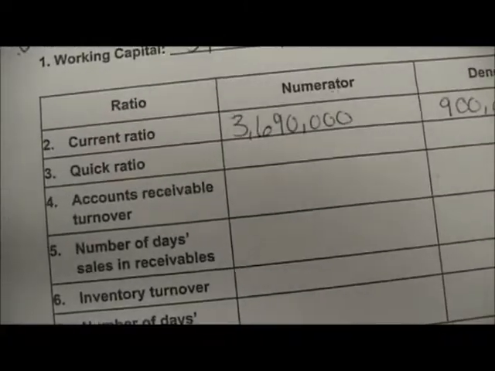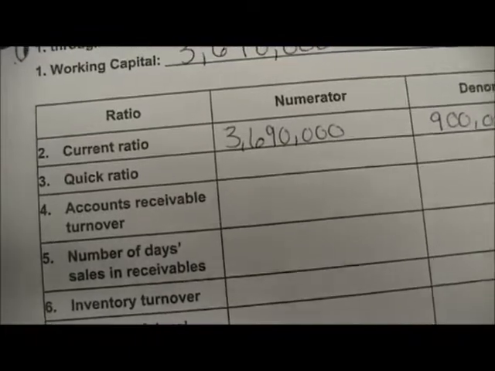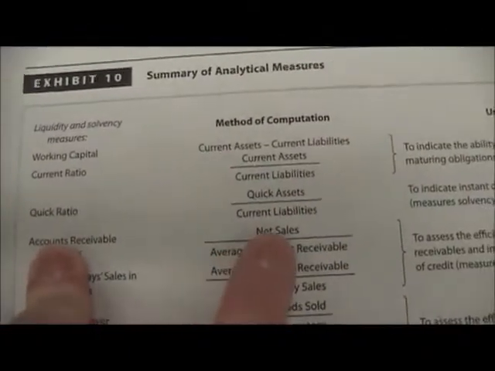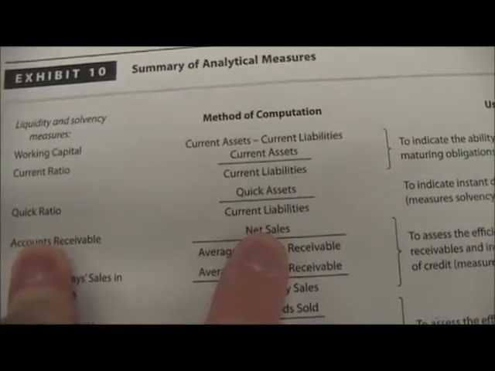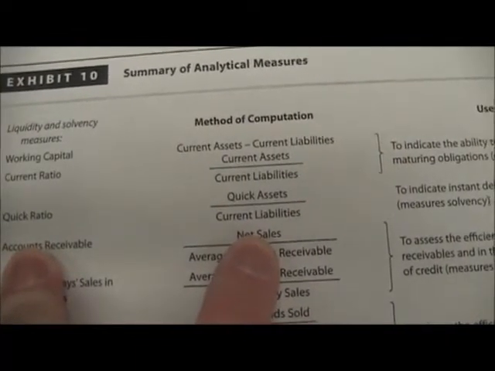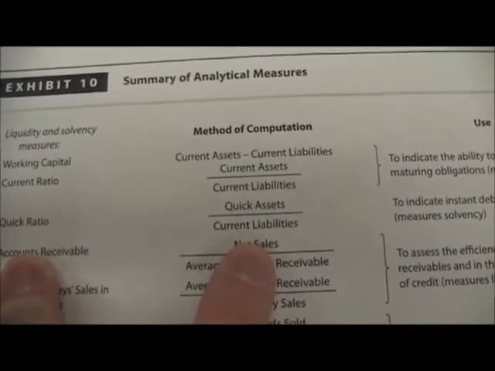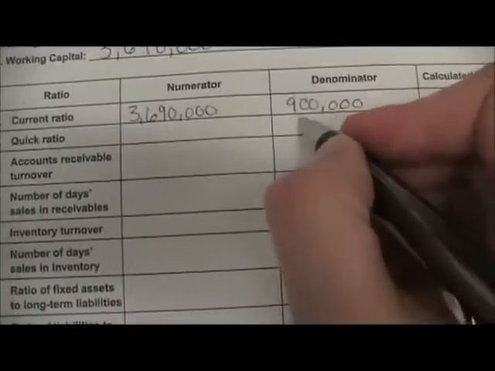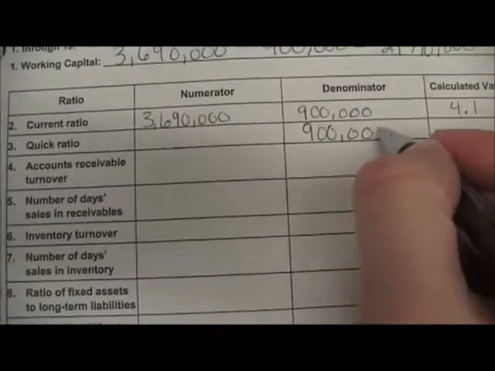The next one is the quick ratio. If we look in our chart here, the quick ratio is our quick assets divided by our current liabilities. We know that our current liabilities are $900,000, so we can go ahead and fill that number in.